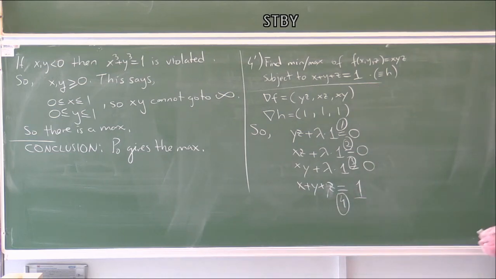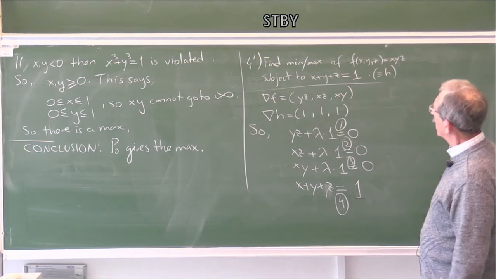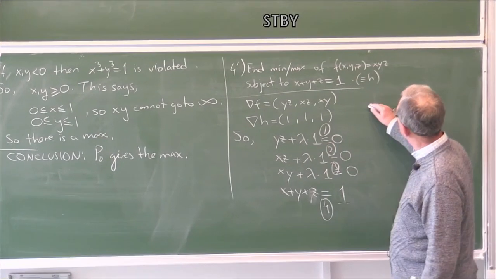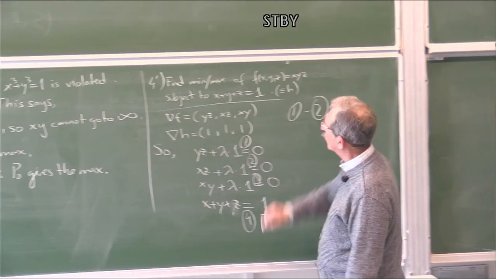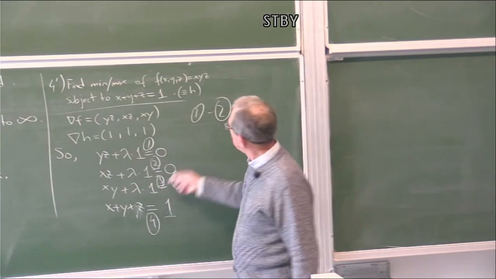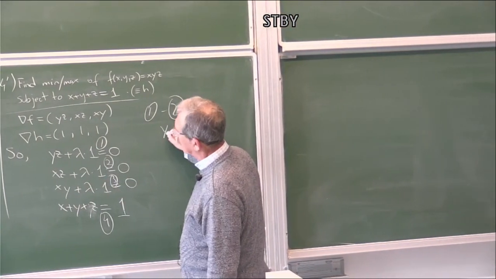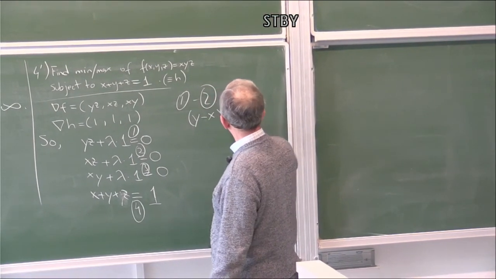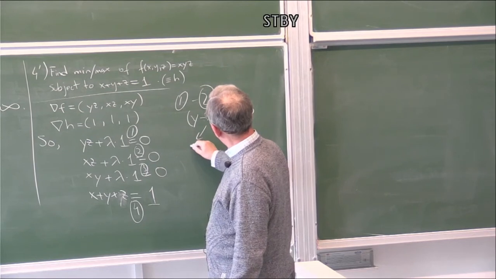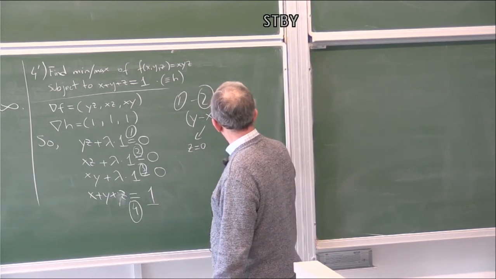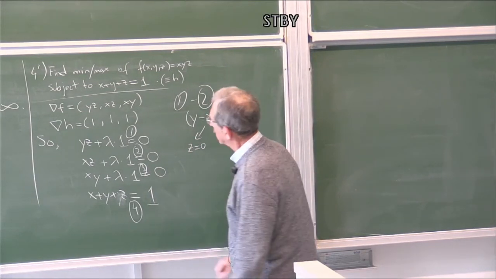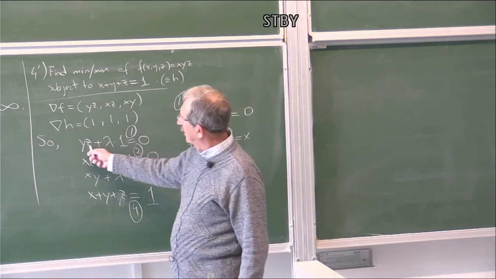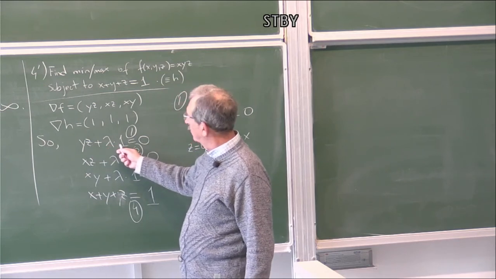We want to cancel things. But it's obvious if you just subtract 2 from 1, you get yz minus xz. So you get this. You have two possibilities. z is 0 or y is x. Well, if z is 0, clearly lambda must be 0 from 1.